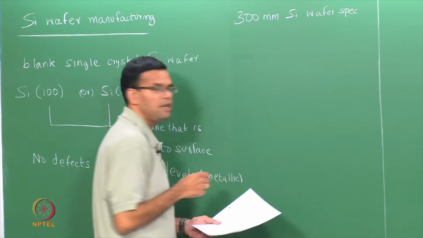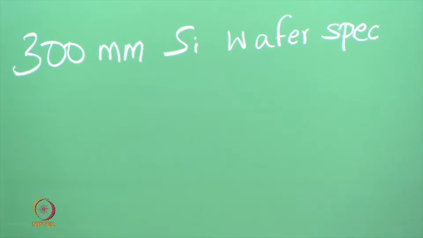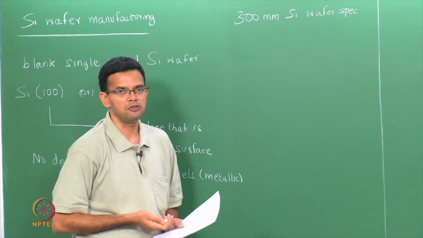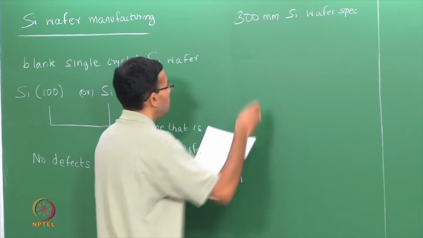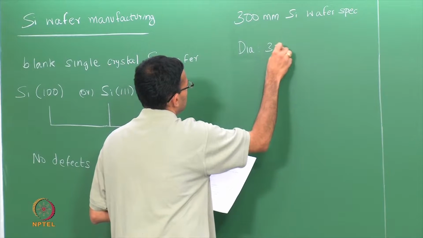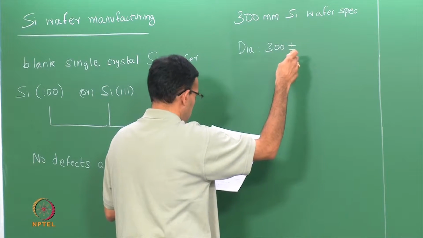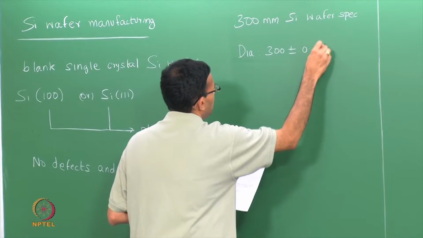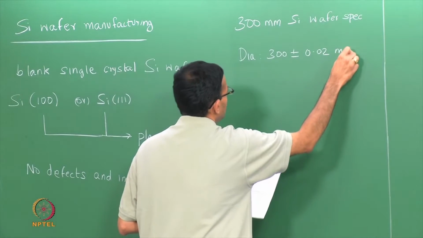A 300 millimeter or a 12-inch wafer is what is currently being used in the IC industry. So it should have a diameter with a very small deviation from 300 millimeter.